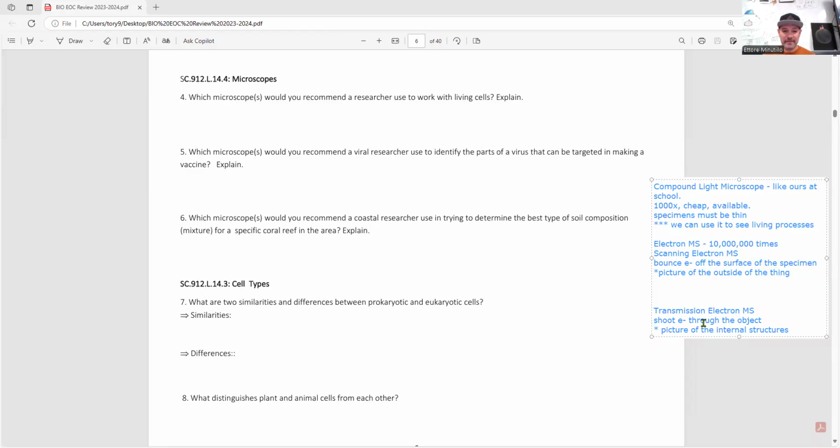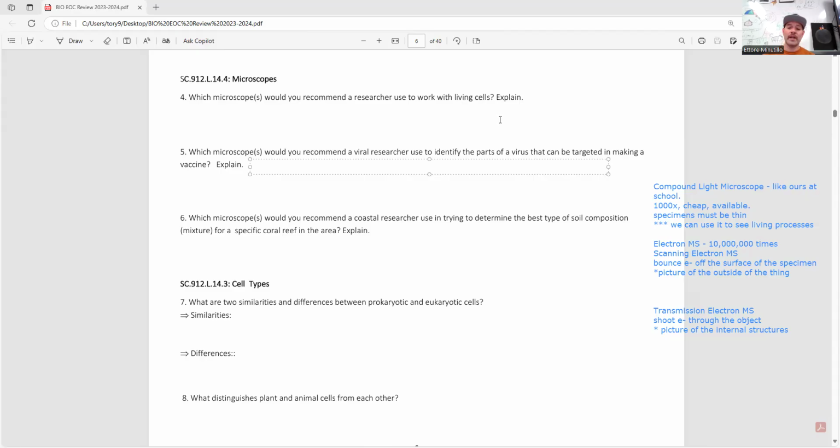All right, for question 5, let's take a look at what we got here. Which microscope would you recommend a viral researcher use to identify the parts of a virus that can be targeted in making a vaccine? Well, let's see if we can get going here. First thing to know about this, the parts that help identify viruses and bacteria are called antigens. We talked about this in immune system, and these are located on the outsides of these cells and viruses.